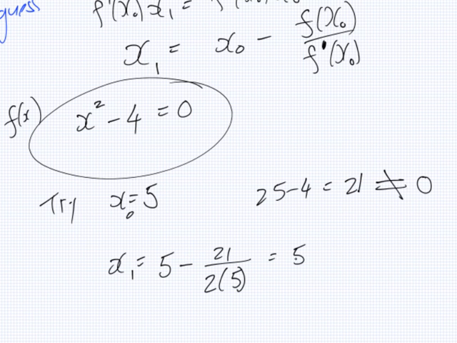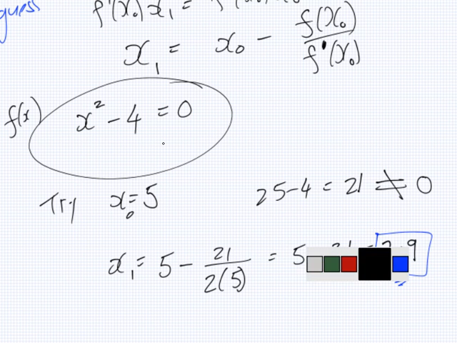So that's 5 minus 2.1, isn't it? So what's that now? 2.9, isn't it? Now that's actually getting close. But then you realise something. Why stop here? Why not start the process again, but this time use 2.9 as the guess?